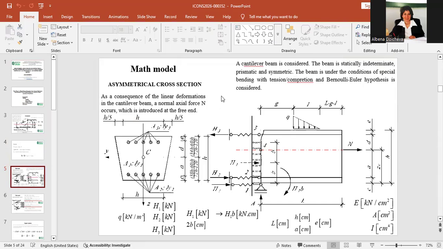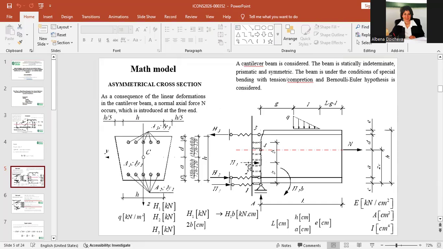The cantilever beam has three support reactions. H2 and H3 are at the level of the reinforcement bars, and H1 is moved to the edge of the beam. H1 is the force which models the concrete, and this is the result of small forces of small springs which model the concrete.